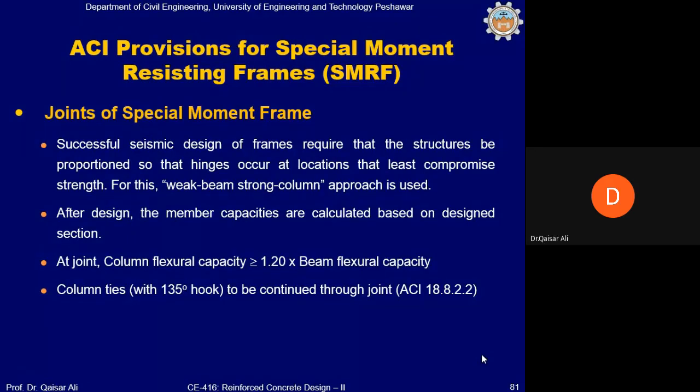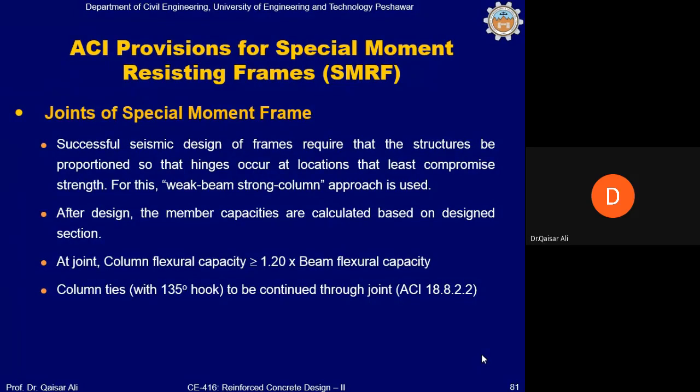And hinges will form at the beam ends, and then the action from a continuous frame will change into a hinge type of frame, and the occupants can have an escape time. They can evacuate the building once they see these things happening, and the structure will still be there. It will not collapse. For this reason, the ACI code wants to make sure that the beam connections are stronger.